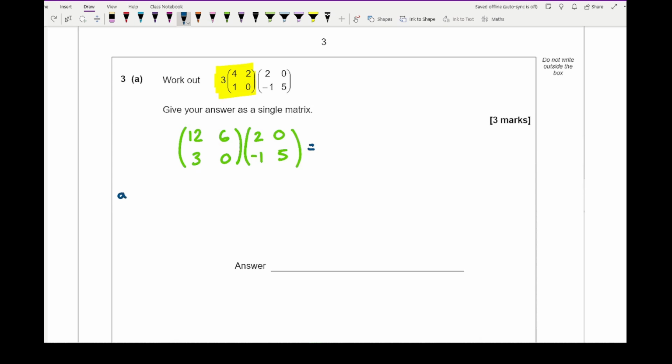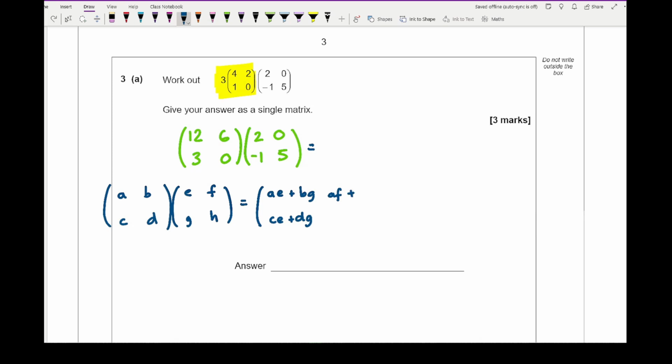If I've got a, b, c, d in my first matrix, and e, f, g, h in my second matrix, then the multiplication of those two matrices is going to be ae plus bg in the top left, ce plus dg in the bottom left, then for the top right hand corner it's going to be af plus bh, and the bottom right is going to be cf plus dh.